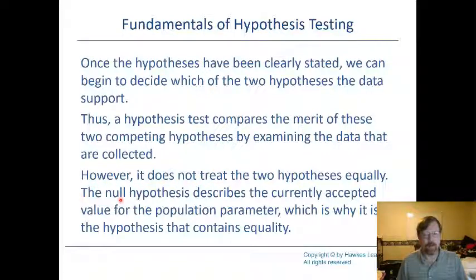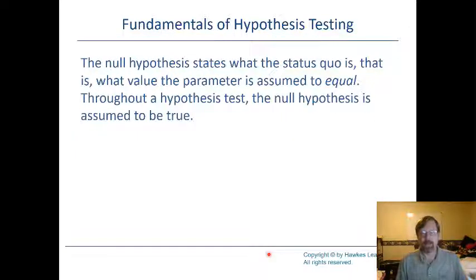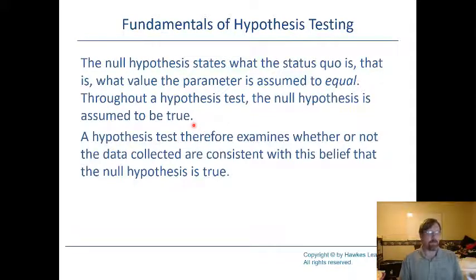The null hypothesis, we can think of as describing what is currently accepted, which is why it includes the equality, why it's less than or equal to or greater than or equal to. So we start off by assuming that the null hypothesis is true. What our hypothesis test really does is determine whether or not the data is consistent with the null hypothesis being true.